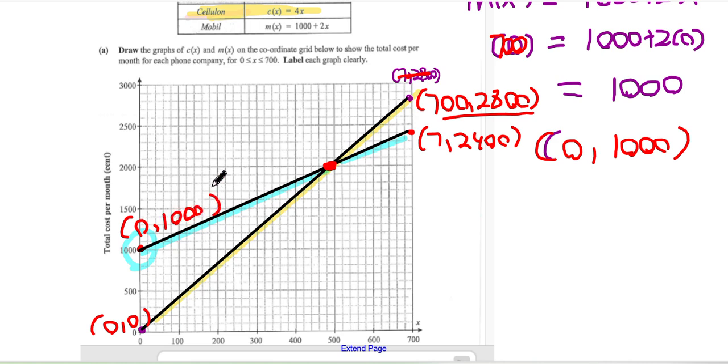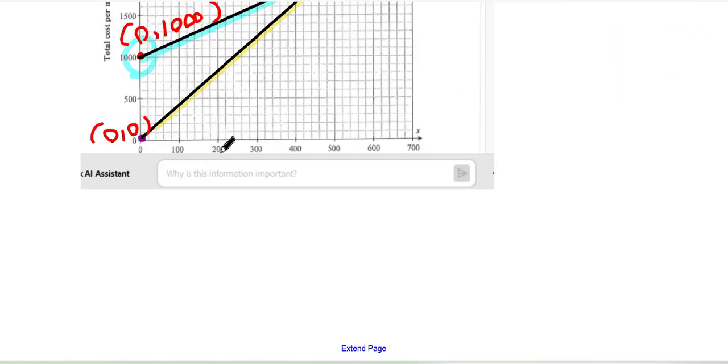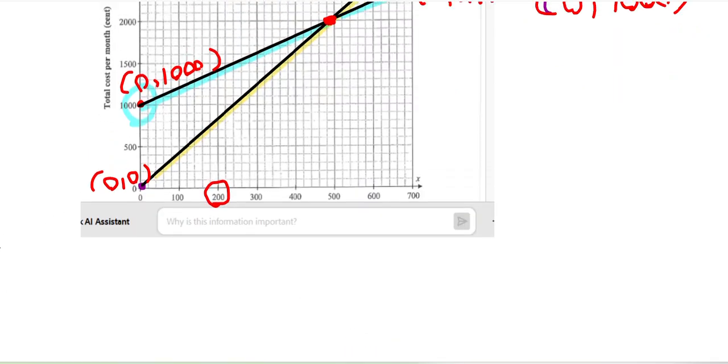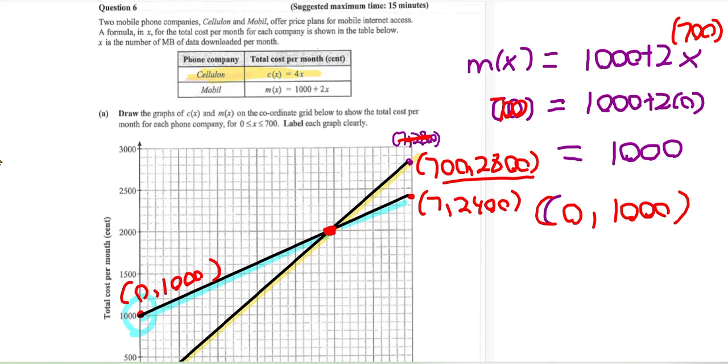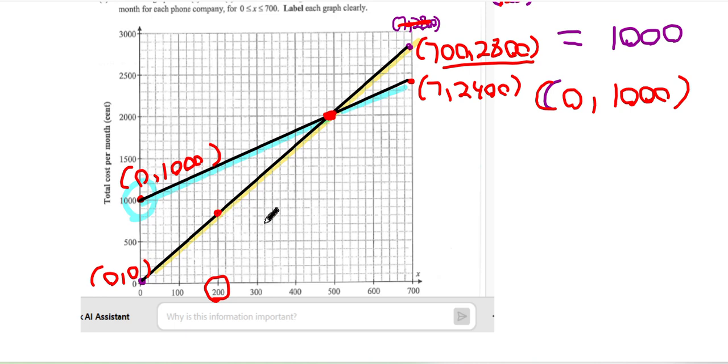Okay. So this graph in general means at 200 megabytes, which one's cheaper? Cellulon or mobile? So when I get 200, which one's cheaper? Anybody tell me which one's cheaper? Cellulon is at 200.